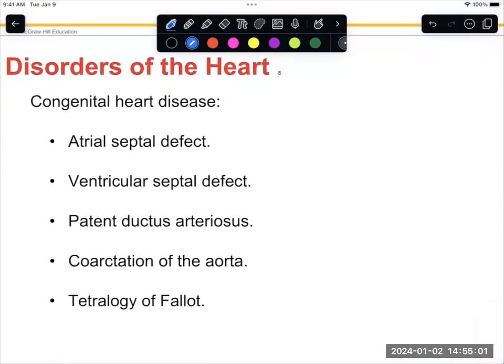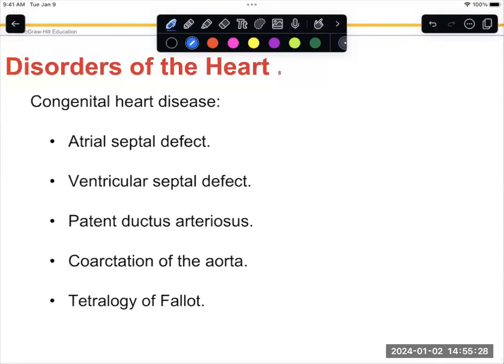An atrial septal defect is when that blood flows from that right to that left atrium. So that there's a hole in that atrium that usually closes up. So an atrial septal defect, that hole does not close up. Ventricular septal defect is when blood flows from that left ventricle into that right ventricle.